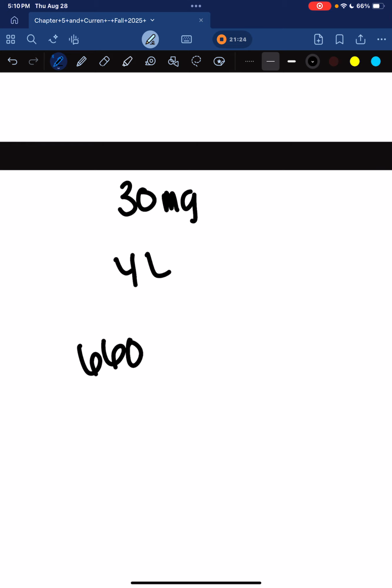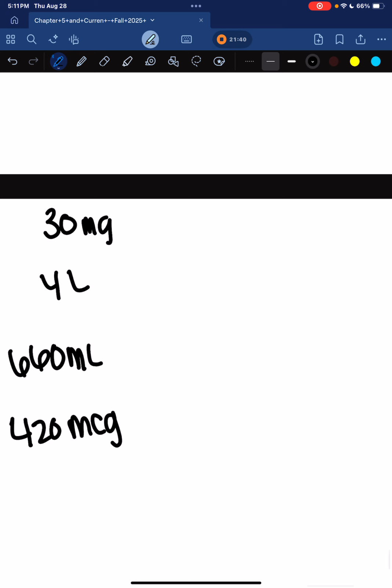When you're going from a larger to a smaller unit of measure in the metric system, you're going to move the decimal place 3 spaces to the right. And when you're going from a smaller to a larger, assuming we're in increments of 1,000, you're going to go 3 spaces to the left. So these first 2 are going from a larger to smaller, so we're going to move the decimal 3 spaces to the right. How many micrograms is 30 milligrams?